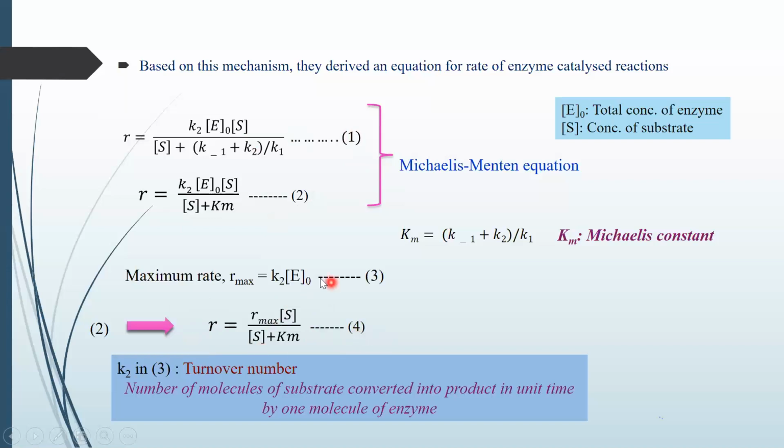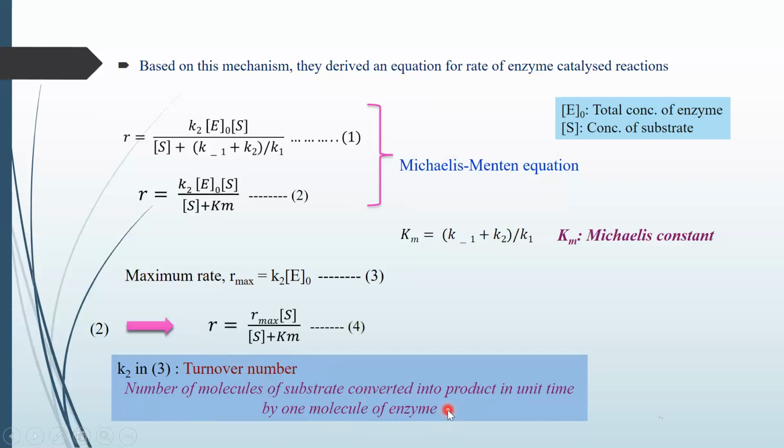Here the K2 in equation 3 is known as the turnover number. That is, K2 when the rate is maximum is known as the turnover number. It is the number of molecules of substrate converted into product in unit time by one molecule of enzyme.